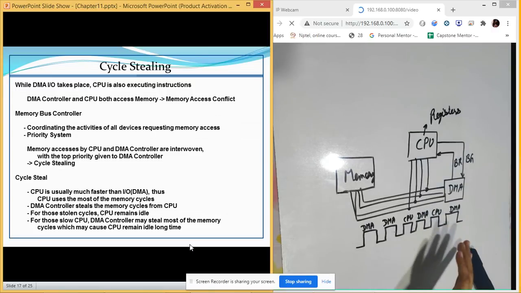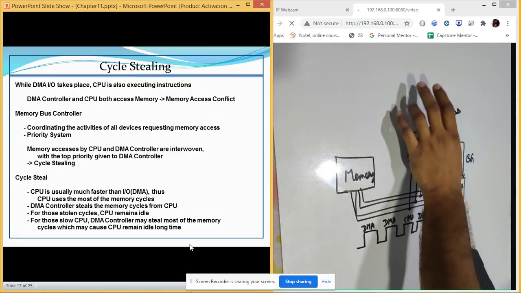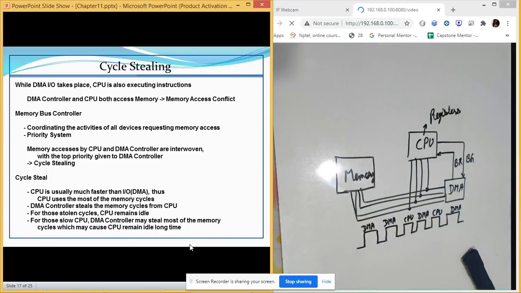Now the CPU can always execute on the registers, so if we want to make it idle, there is no problem. For slow devices, the DMA controller may steal most of the memory cycles, which may cause the CPU to remain idle for a longer duration of time.